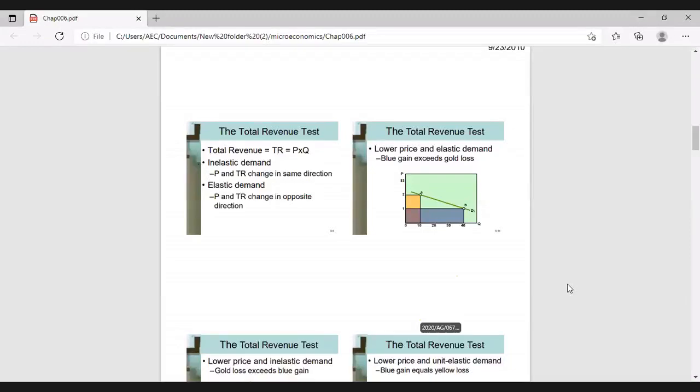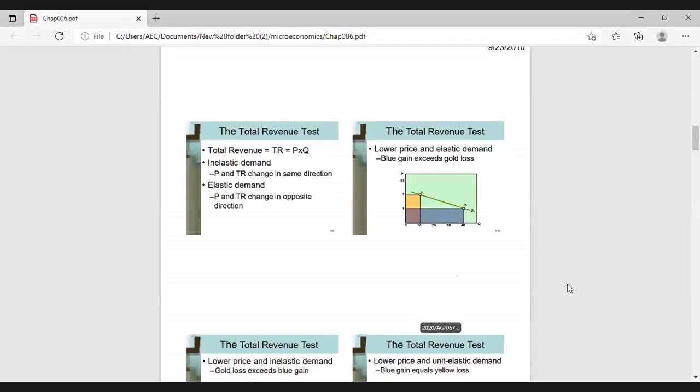We reduce the quantity purchased more for a price change. So price increases, total revenue decreases. For a price increase of 10%, if quantity decreases by more than 10%, then total revenue, P times Q, decreases.